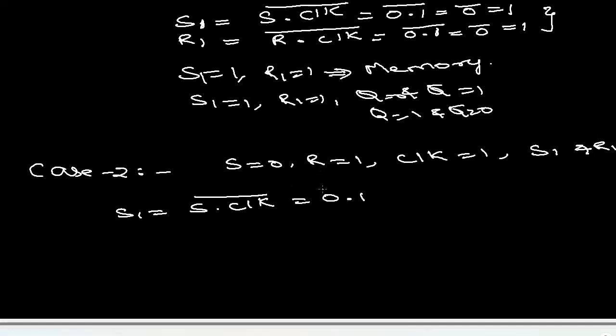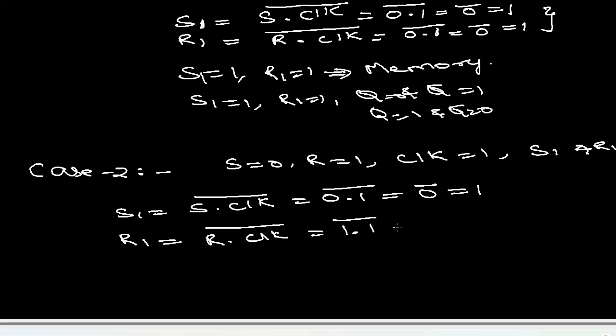For AND gate, output of 0 and 1 is 0, and we are taking 0 complement, which is 1. Next, R1 equal to R into clock complement. So here R value is 1, clock value is 1, we are taking the whole complement. For AND gate inputs 1, 1, the output will be 1. If both are high, then the output will be high. So 1 complement equal to 0.